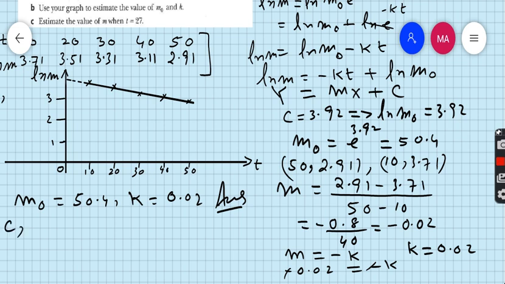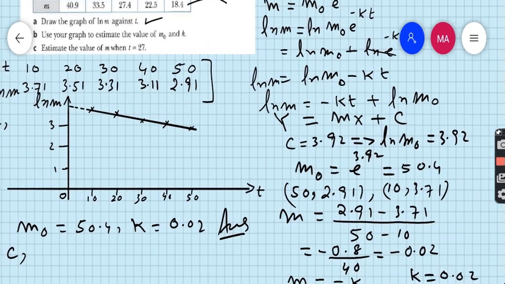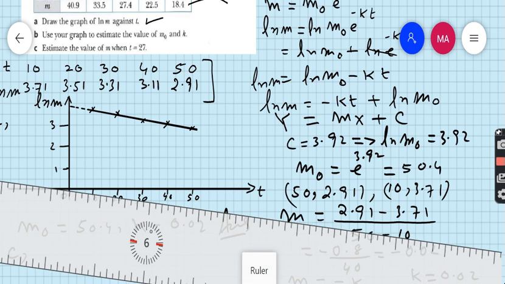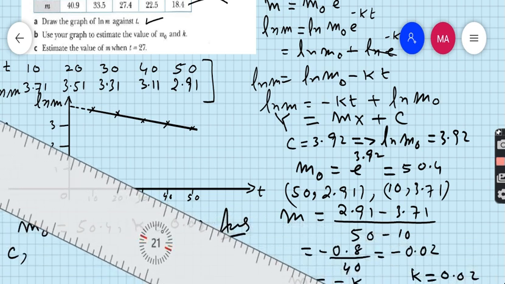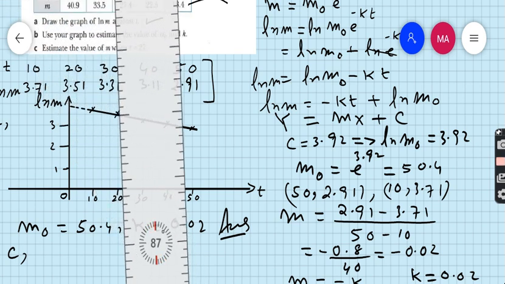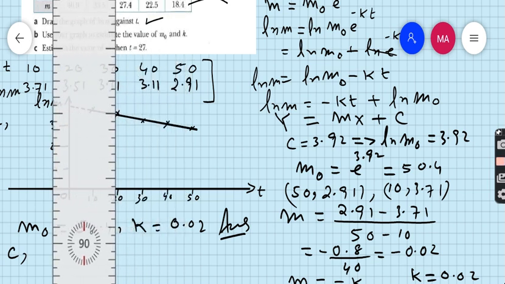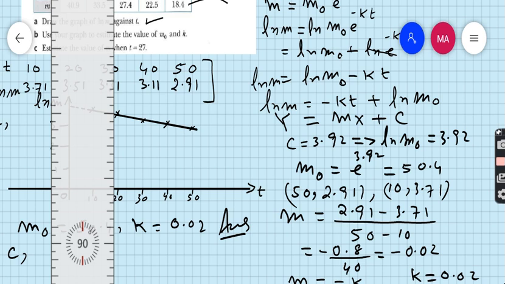What is part C? Estimate the value of m when t is equals to 27. Now, with the help of a scale, draw a dotted line. This is 20, 30.